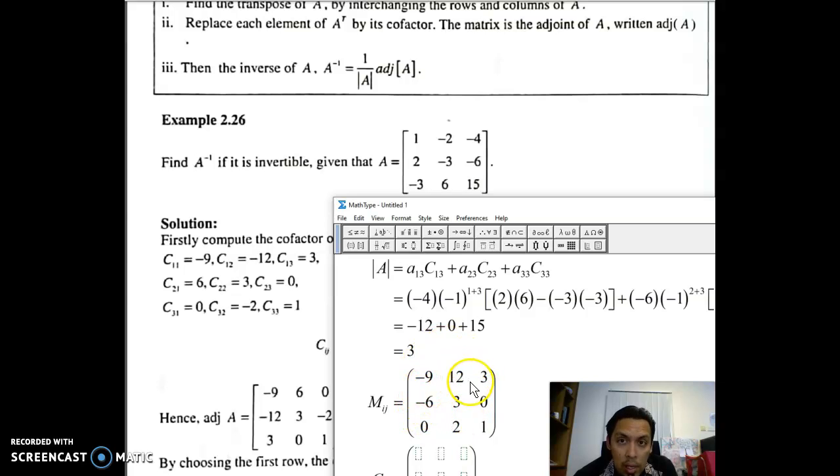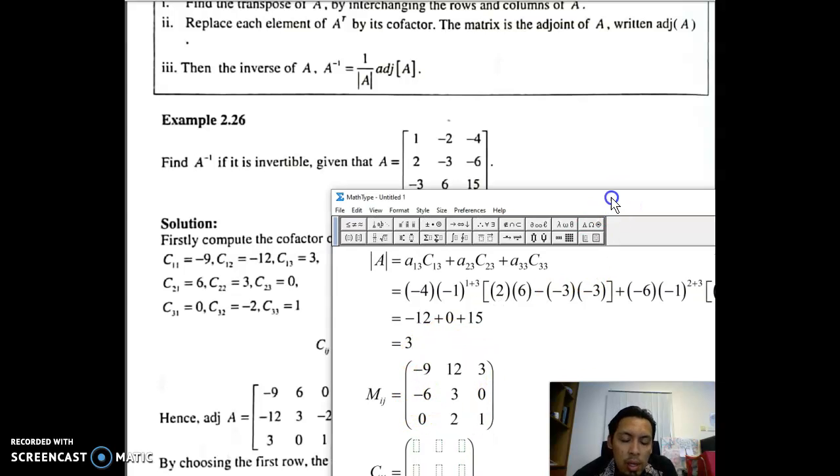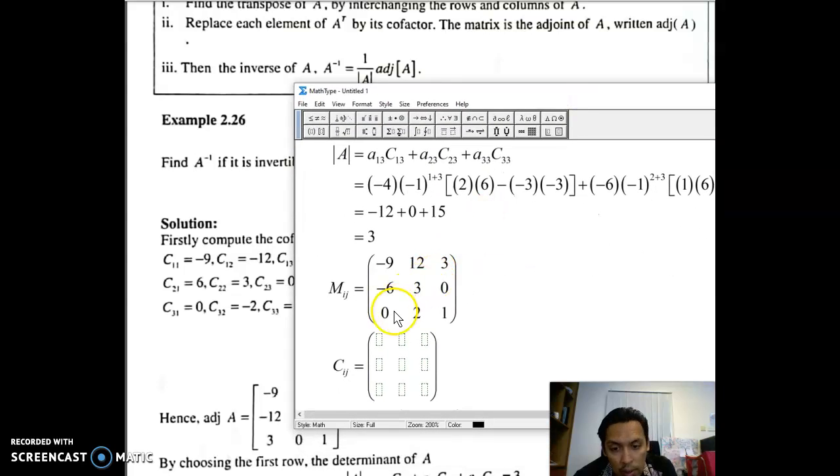So for this minor, let us change it into the cofactor. As you know before, this is the minor. To change it to the cofactor, we need to consider negative 1 to the power of i plus j. So as we did before, for A13, it is negative 1 to the power of 4.